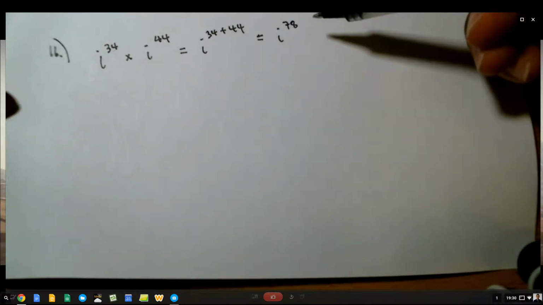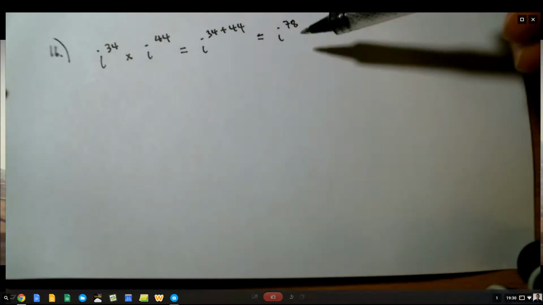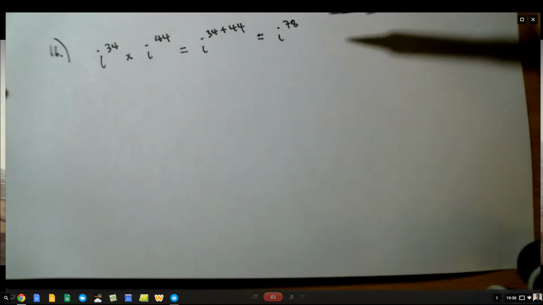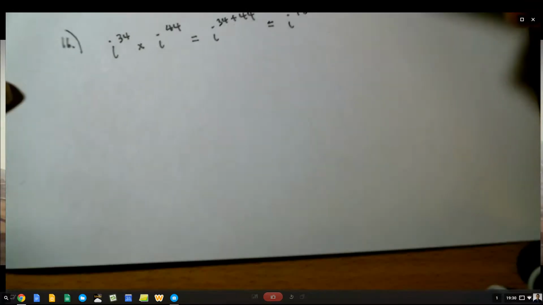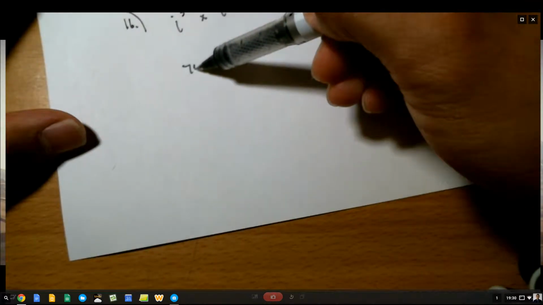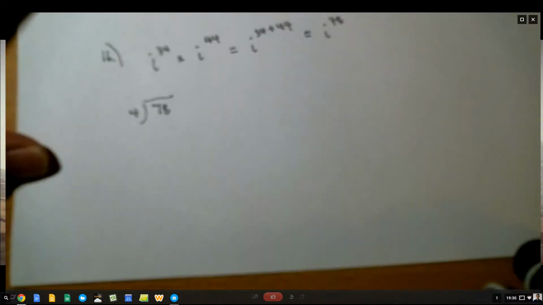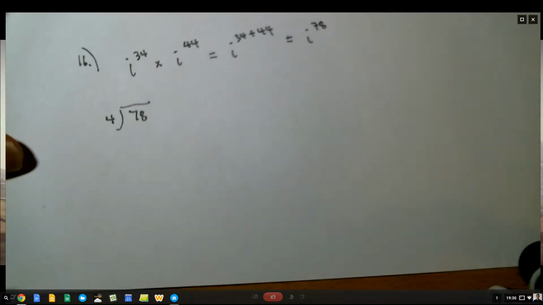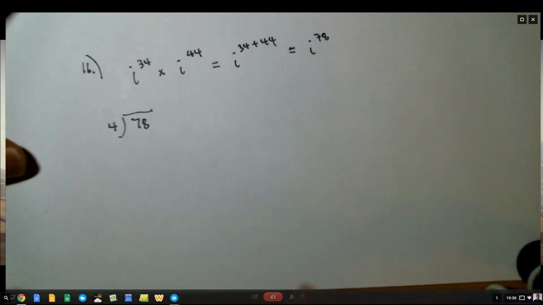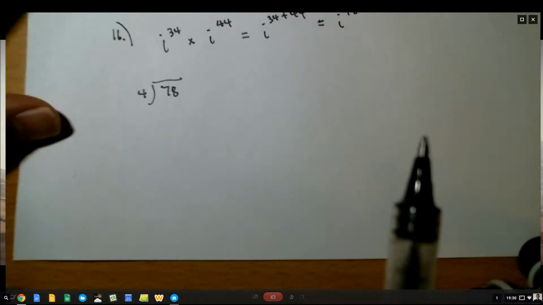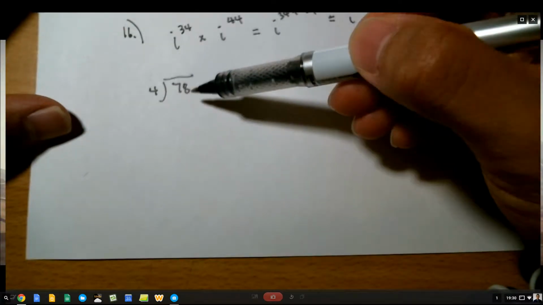So once again, we know that for every 4 terms, the pattern repeats. So let's divide 78 by 4. So once again, 78 divided by 4, and we want to see what the remainder is. Okay, so let's do that. 78 divided by 4.